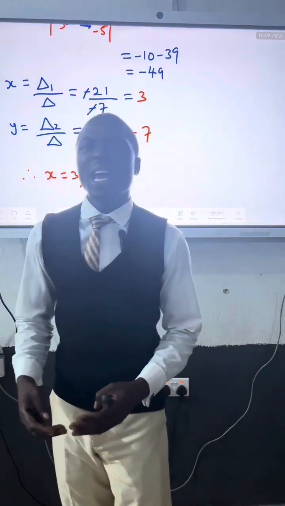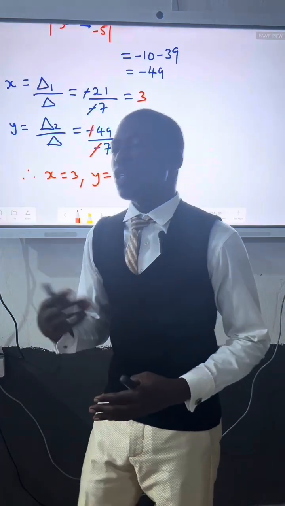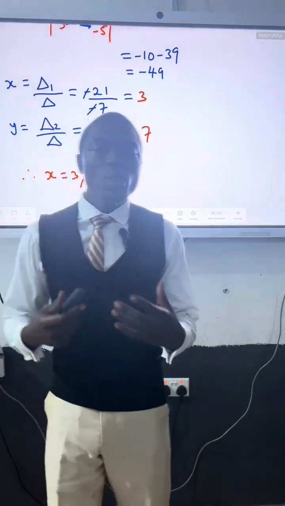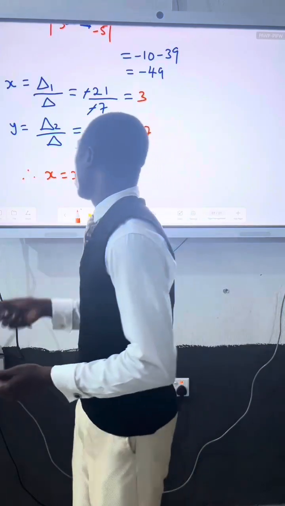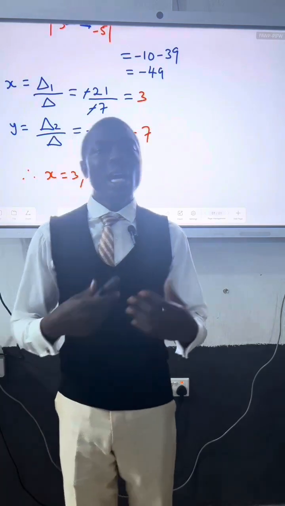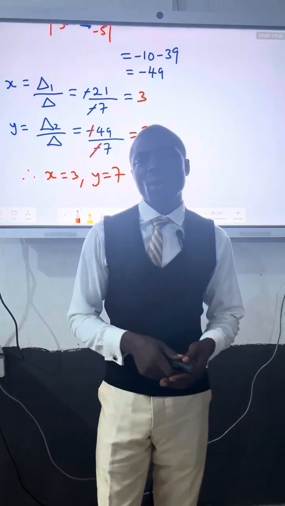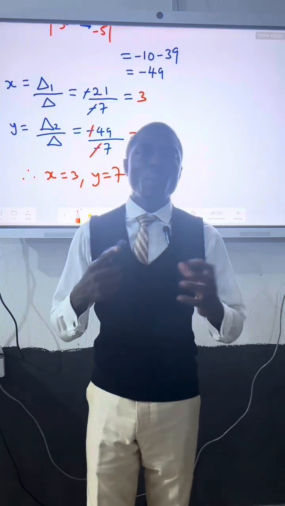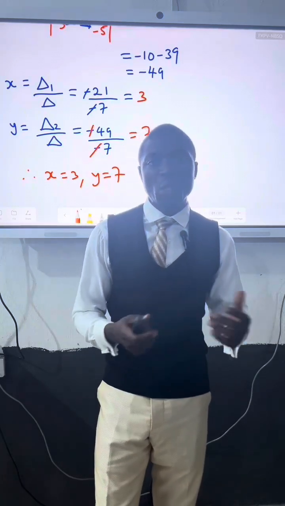You can go ahead and use them to test equation 1. When you are done, still use the same values, x is equal to 3, y is equal to 7, to test equation 2. It is going to work perfectly because this is the correct pair of answers for the two equations.